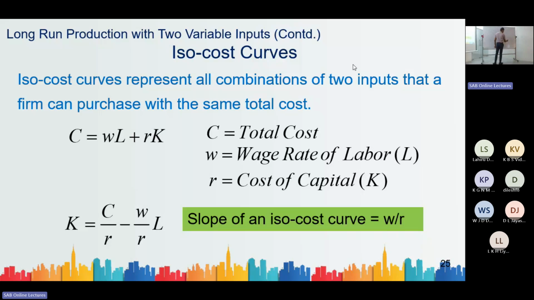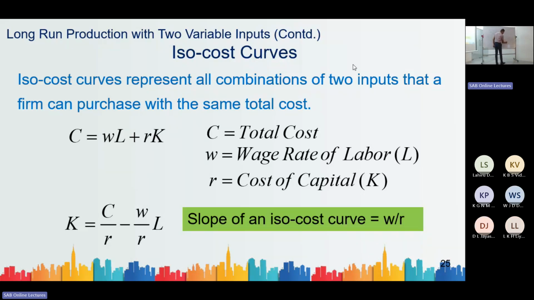Capital equals the intercept minus the slope, and it should be multiplied by labor.